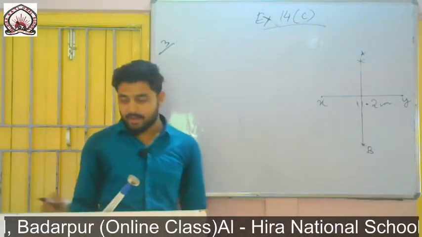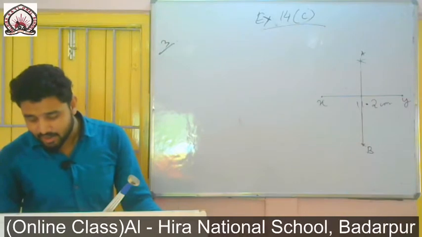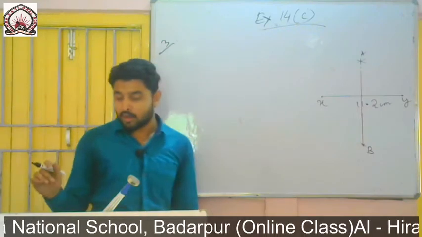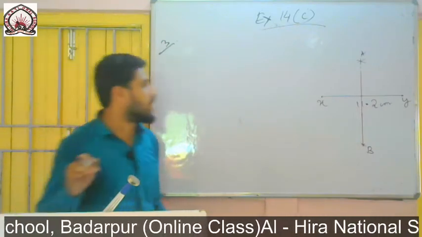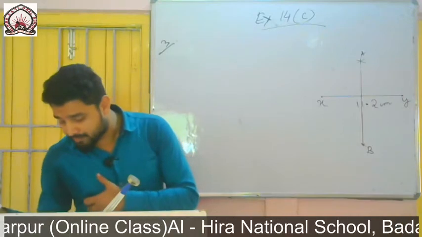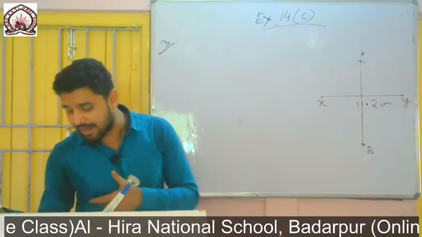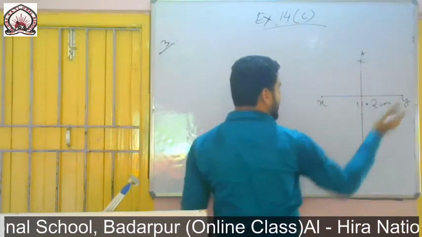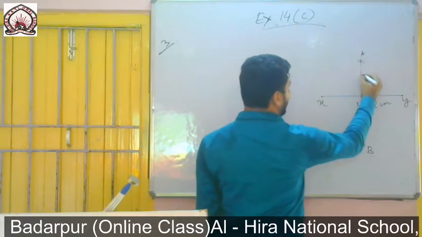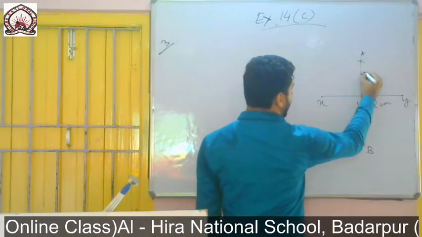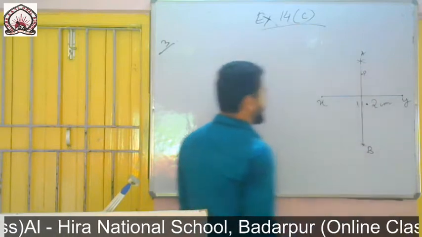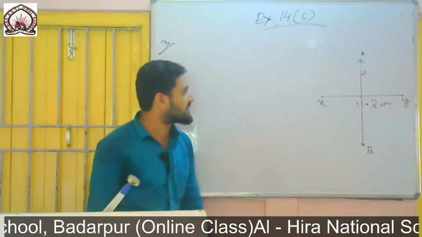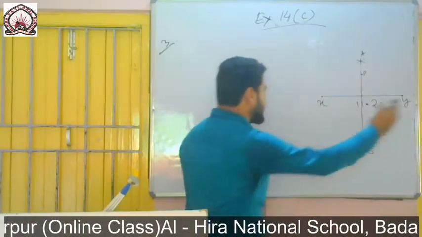Now the question says: take any point P on the perpendicular bisector drawn, where Px equals Py. Examine whether Px equals Py. Suppose I take a point here on the bisector.